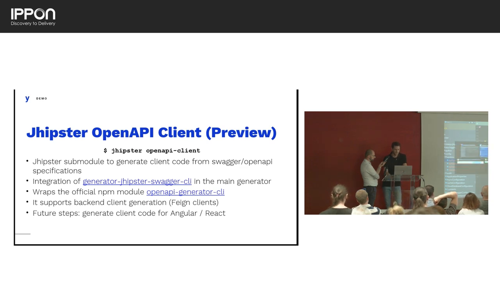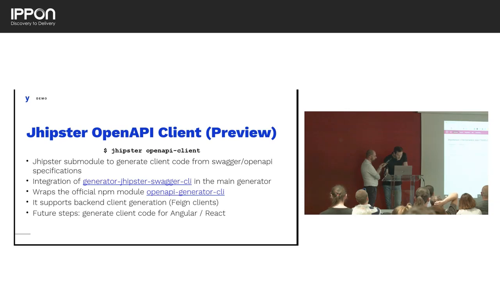Here I have already Consul running, and if I go in Consul, I can see that among other things you get the API version.